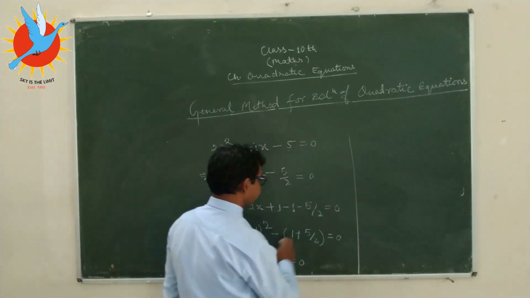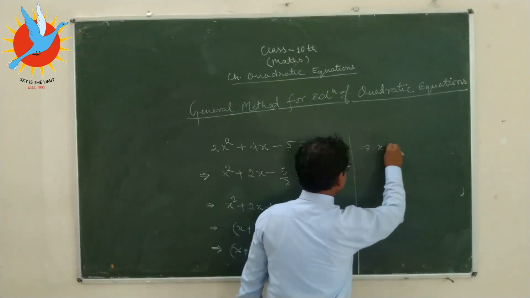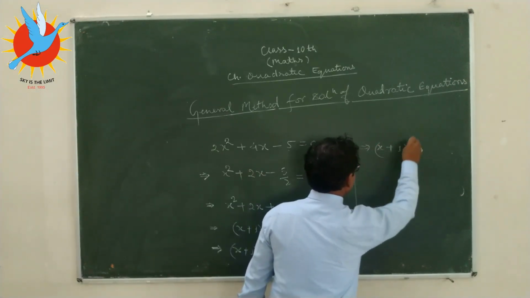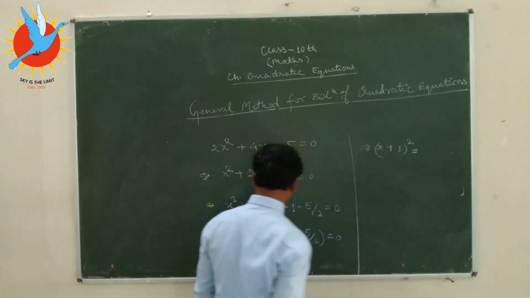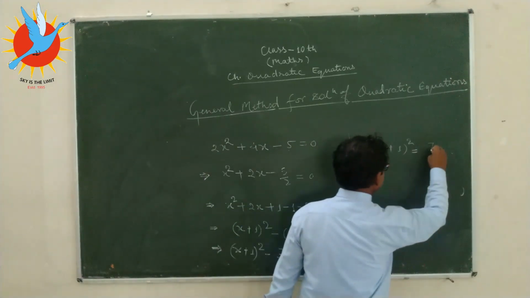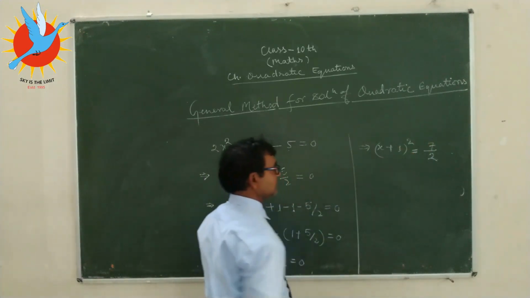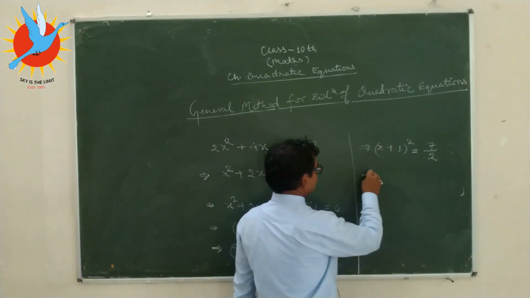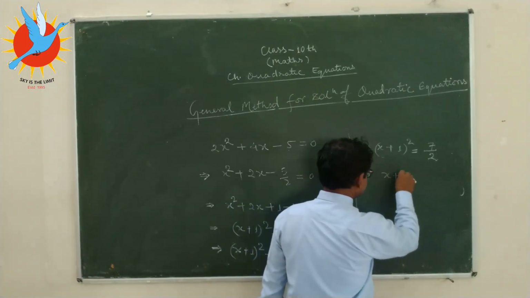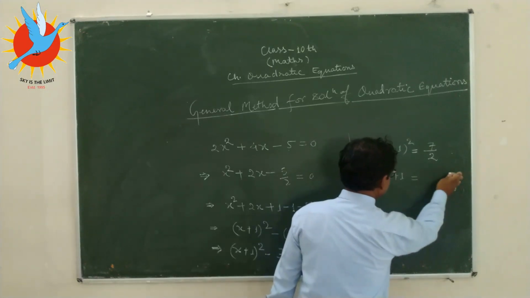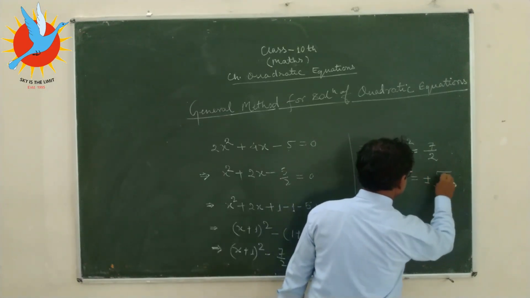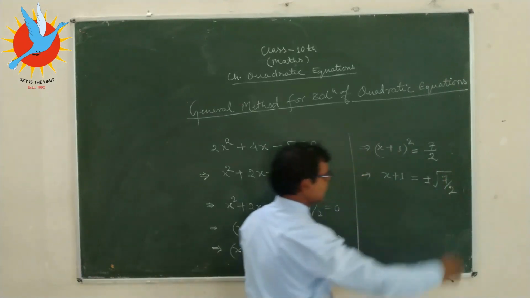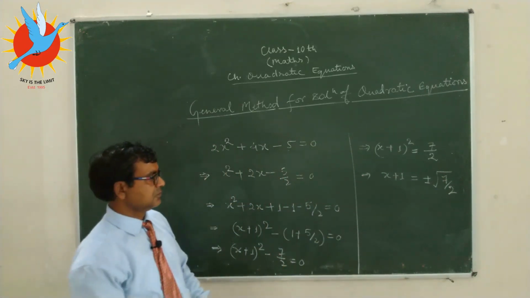We have x plus 1 whole square equal to plus 7 by 2. Take root. We have x plus 1 equal to plus minus root over 7 by 2.